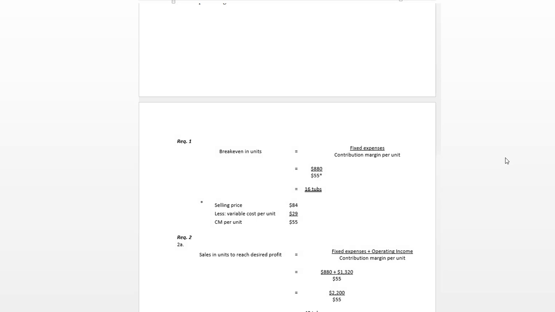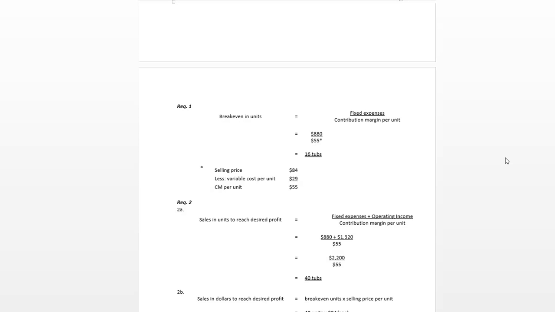Okay, well, we know our break-even formula is fixed expenses divided by our contribution margin per unit. And of course, we also know from prior chapters that contribution margin per unit is our selling price per unit less variable cost per unit. So contribution margin for this product is going to be $55 per unit.